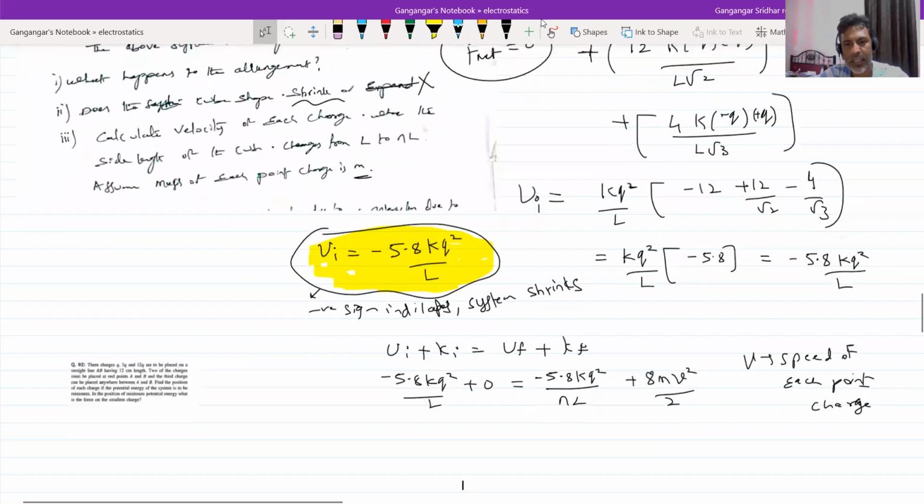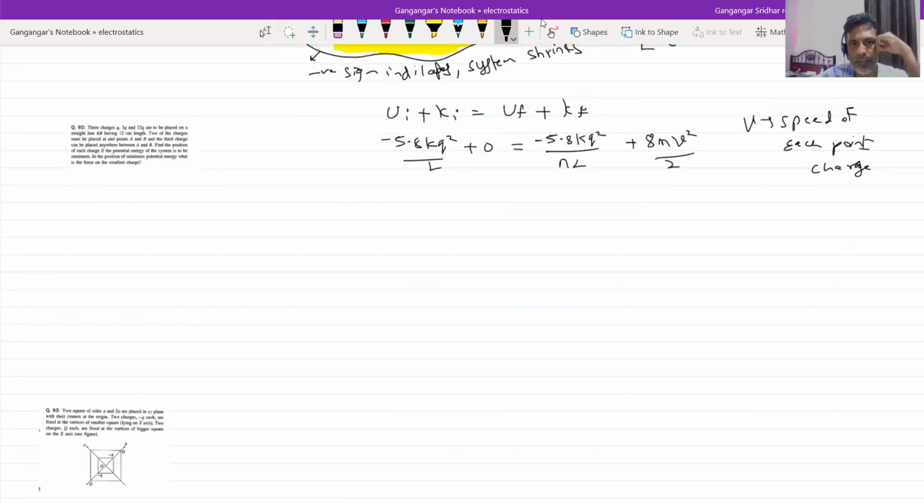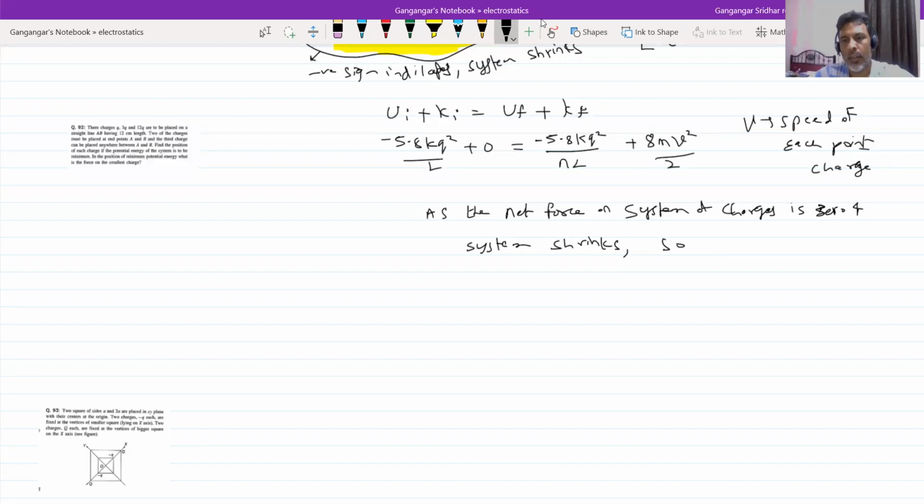As the net force on the system of charges is 0 and the system shrinks, delta R CM will be 0.